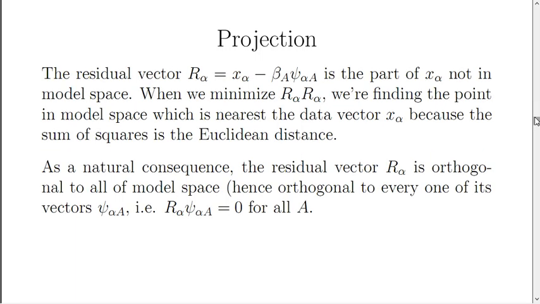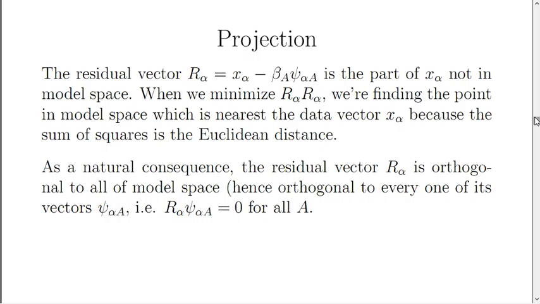Now, the residual vector, what I get if I take the data values and subtract the model values, is the part of the data values which is not in model space. And when we minimize the sum of squared residuals, we're really finding the point in model space which is closest to the data vector, because the sum of squares is the definition of Euclidean distance.